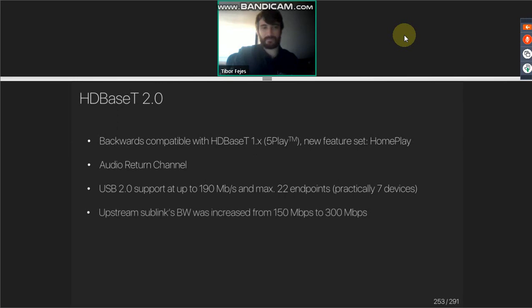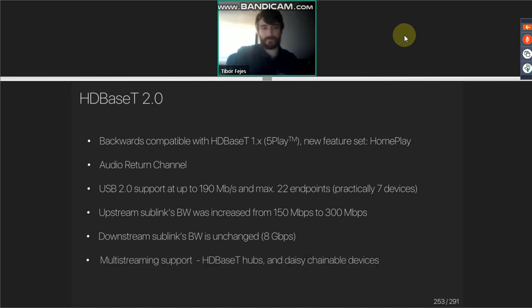The upstream link bandwidth was increased, so that's from going up to 300 megabits. The downstream link bandwidth is unchanged, and then the idea would be to have multi-streaming support with HDBaseT hubs and daisy-chainable devices, which basically means adding an addressing system.